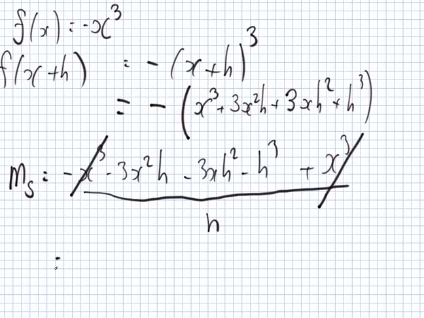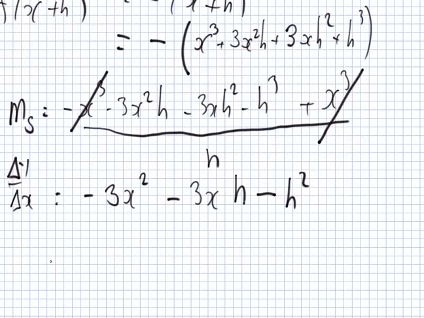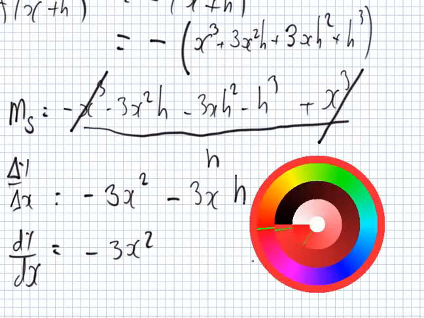So here you'll get minus 3x squared minus 3x h minus h squared. That is the slope of the secant, and the derivative, that is the slope of the tangent, would be minus 3x squared. You make the h 0. They do not ask you that in the question, so in fact you stop here.